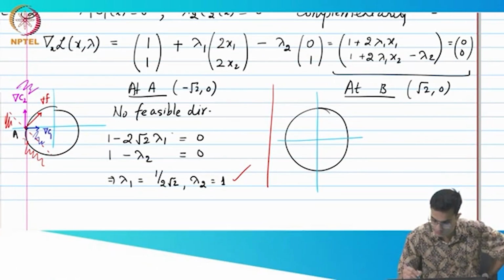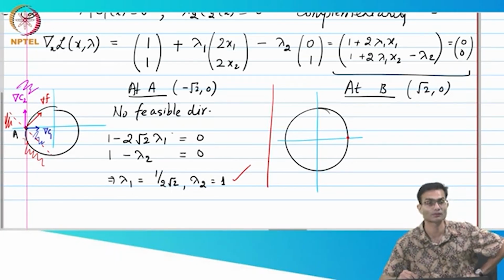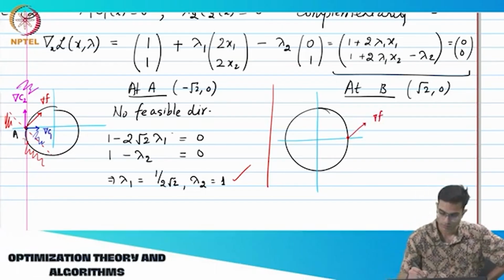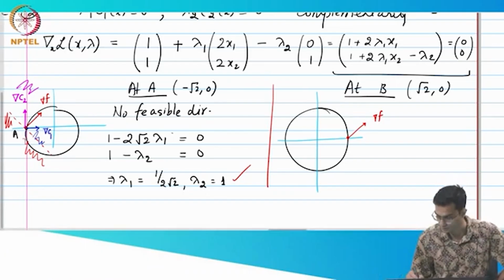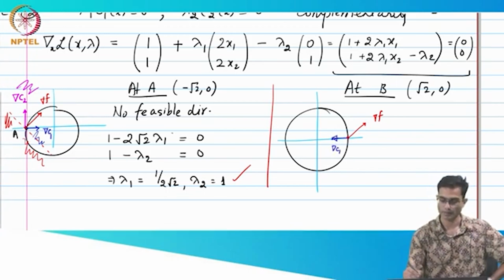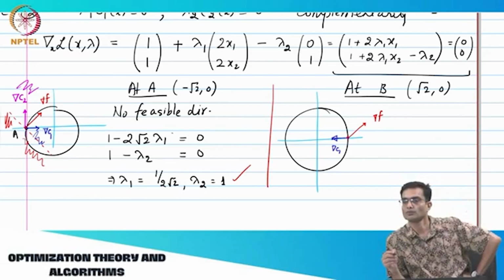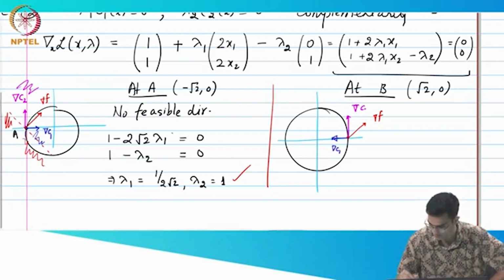And now we are sitting over here at this point. Grad f is 1, 1. This is grad f. Grad C1 is radially inwards, pointing towards the circle. This is grad C1. And my grad C2, which was grad C2? 1, 0, comma 1, right? So this guy is pointing over here. This is my grad C2.